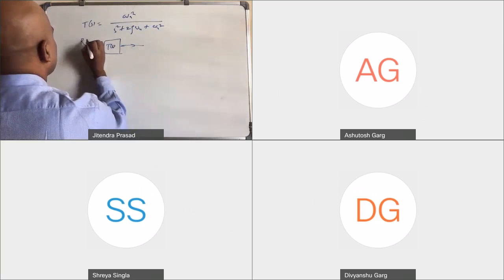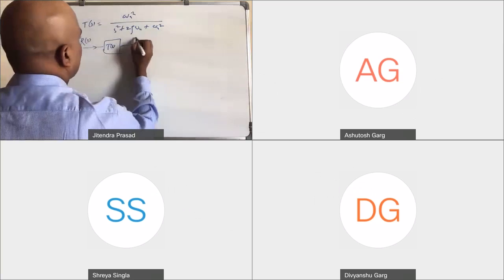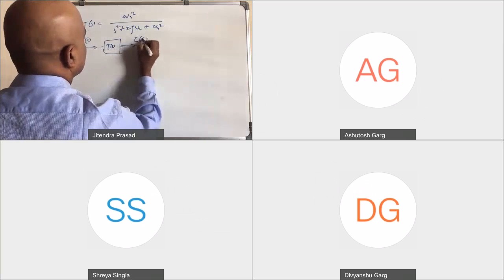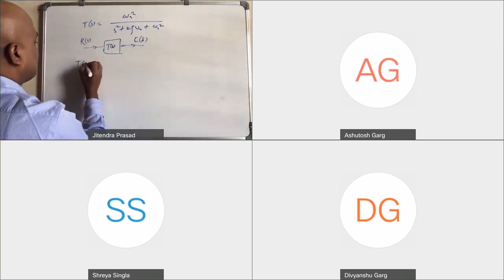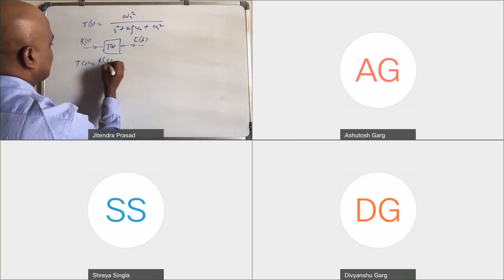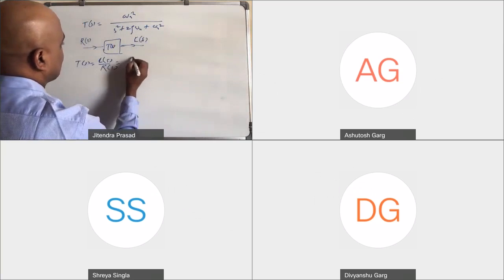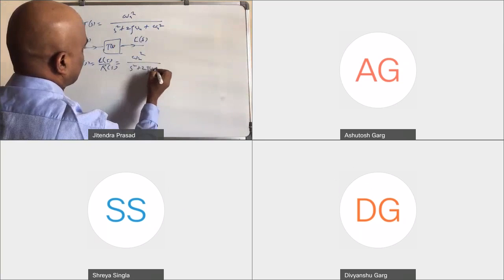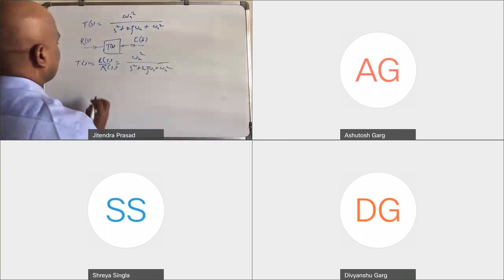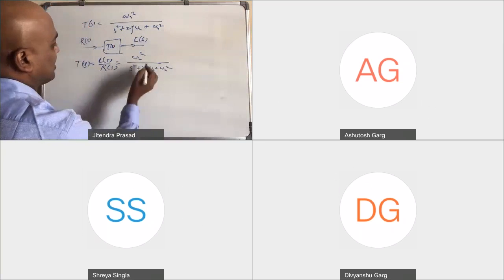The input is R(s), the output is C(s). So how are they related? T(s) equals C(s) over R(s), which is equal to omega n square over s square plus 2 zeta omega n s plus omega n square.